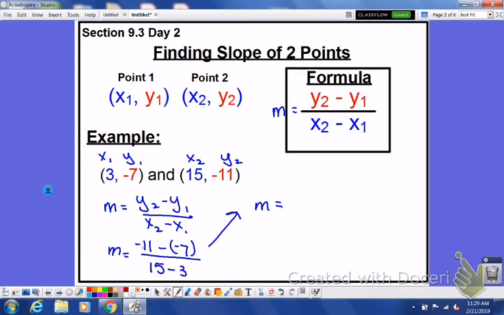Negative 11 minus a negative 7, same as negative 11 plus 7, gives us a negative 4 over 15 minus 3 gives us 12. Just like before, we always want to simplify. Negative 4 over 12 simplifies down to negative 1/3. So our slope, m equals negative 1/3. There's an example of finding your slope given 2 points using that formula.